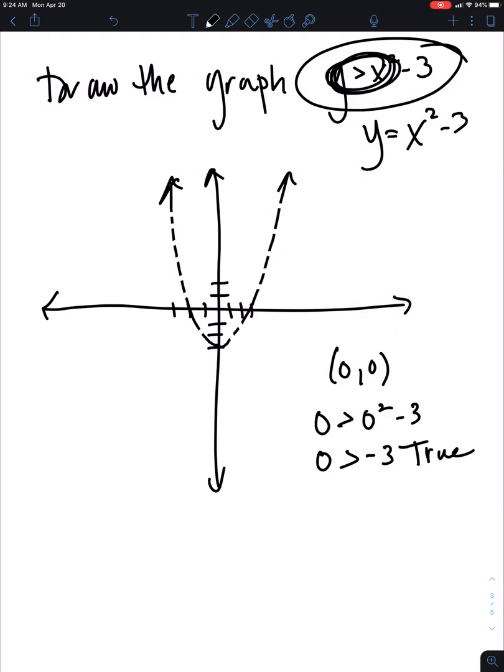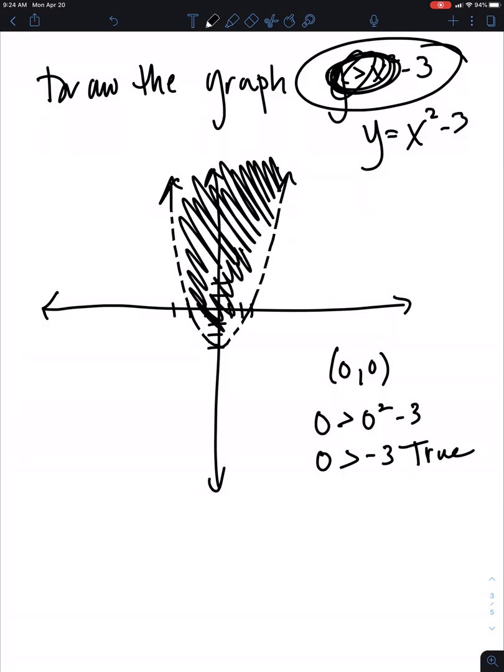So before you click anything, just like I did when you double check, before you click submit, make sure you have a solid line or a dashed line. This is a dashed line because of the greater than. I just drew my line without thinking about it, but always go back and check. Okay, so this is true. So this is going to be in here.